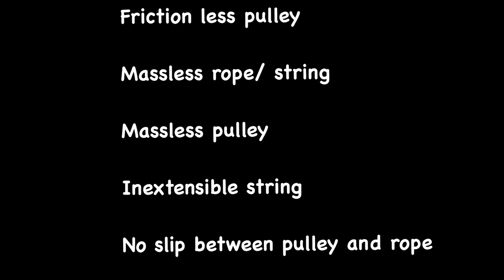Then the very important inextensible string assumption, which clearly tells us that when you have two masses connected through an inextensible string, then whatever be the displacements felt by the mass m1, that will be transferred to the mass m2 also.